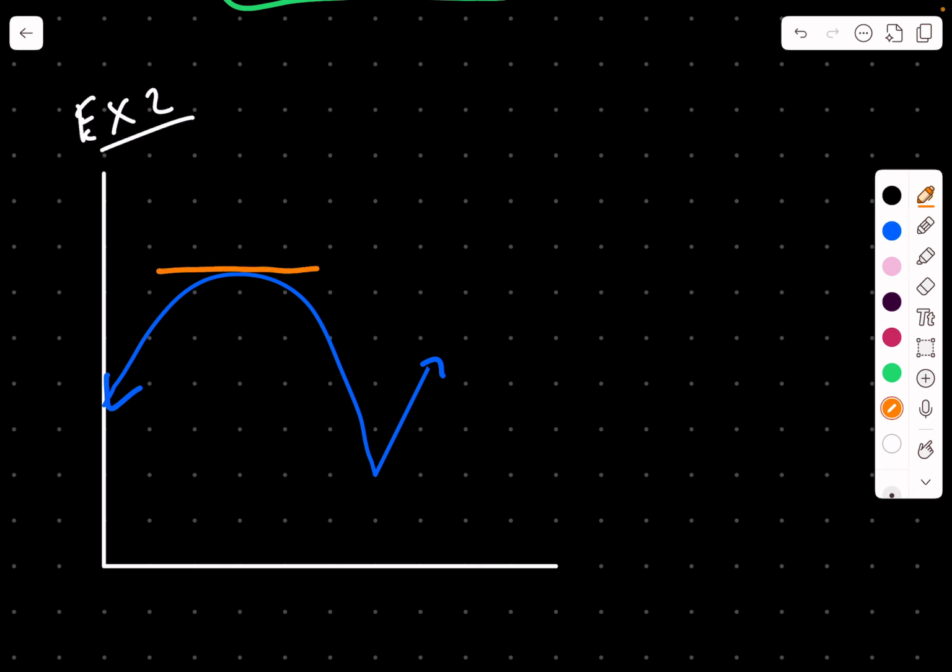So now that you have the idea in your head, can we make a horizontal tangent line? Yes, we can. At that top point, which is our absolute maximum, aka a critical point, we can make a horizontal tangent line. Therefore, at that point, our derivative is equal to 0. So absolute max and f prime of c equals 0.